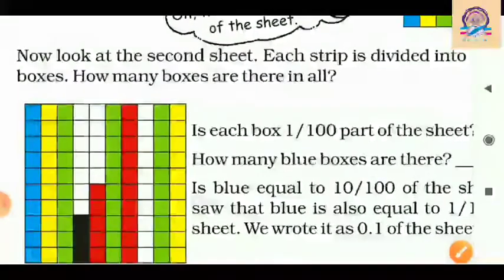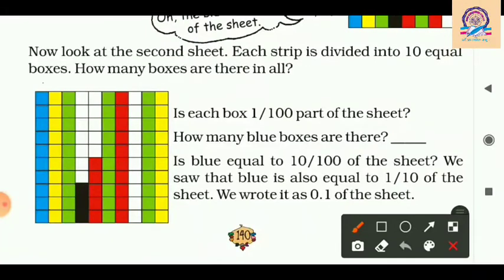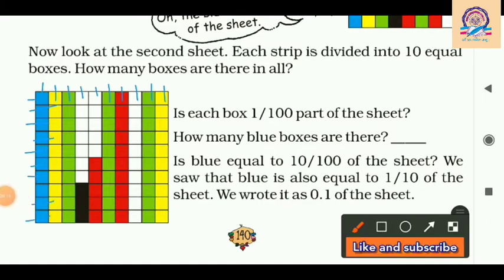So let me count first. On the top 1, 2, 3, 4, 5, 6, 7, 8, 9 and 10. And the same thing 1, 2, 3, 4, 5, 6, 7, 8, 9 and 10. So it is a 10 by 10 sheet. So total boxes will be 100.